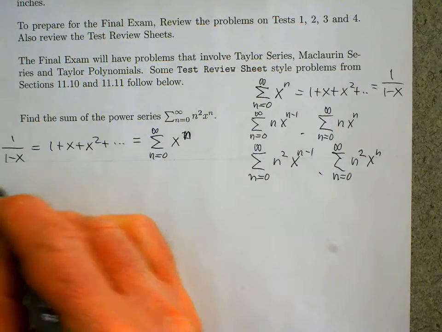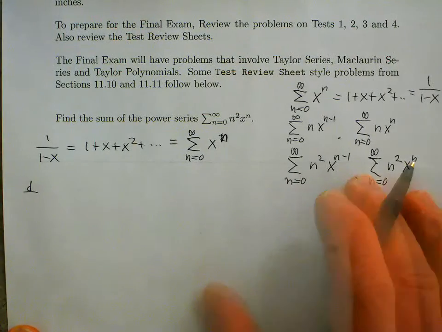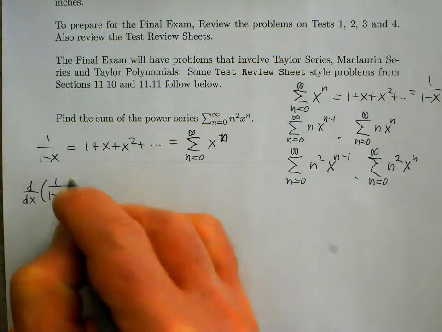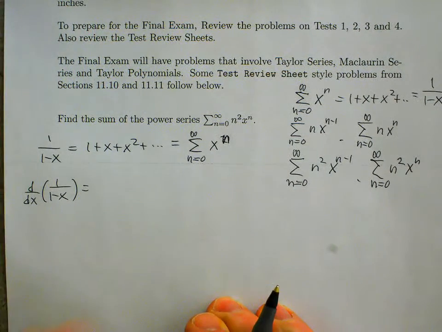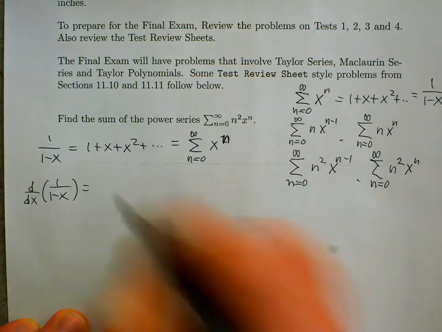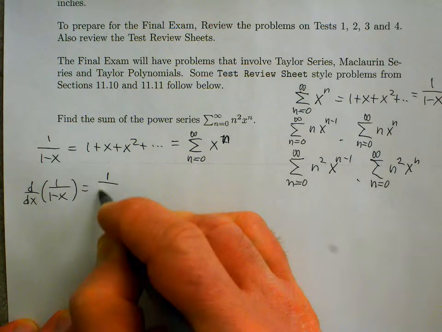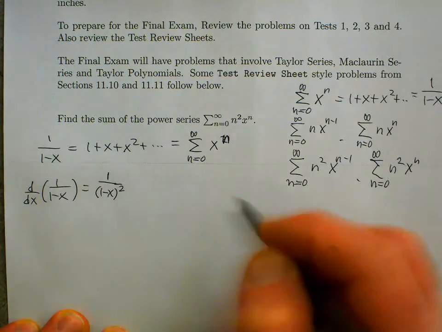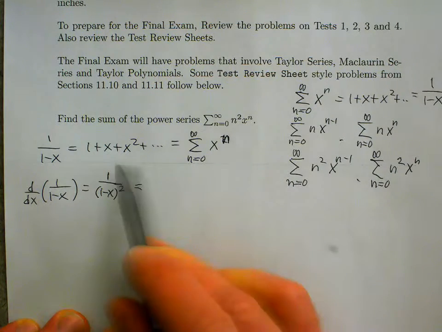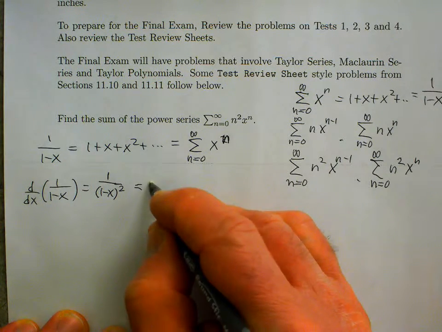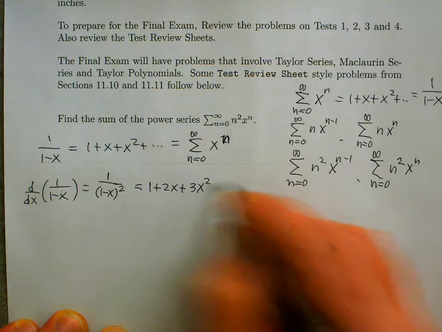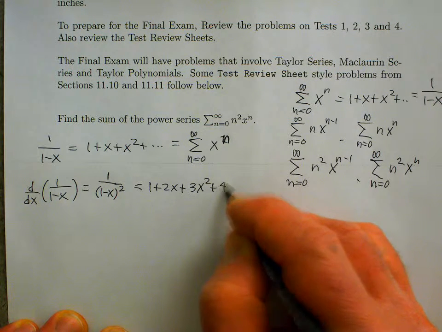What's the derivative of 1 over 1 minus x? 1 over 1 minus x squared. Yeah, this one is 1 over 1 minus x quantity squared. And this is 1 plus 2x plus 3x squared, and so on.